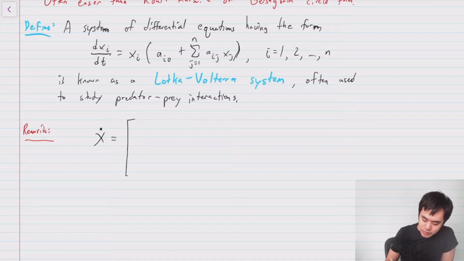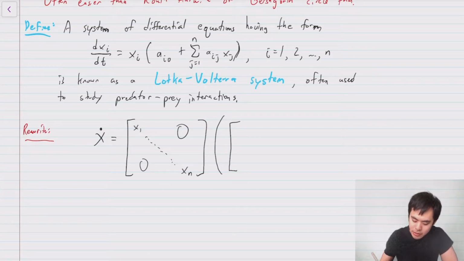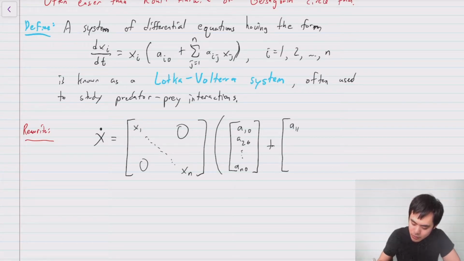Actually, let me draw this all out. This is going to be a diagonal matrix with x1 through xn, zeros everywhere else, times this is going to be, we have our ai naughts, so a1 naught, a2 naught through an naught, plus, and this is going to be another matrix, which is going to be a11 through a1n, an1 through ann, times the x vector, x1 through xn.